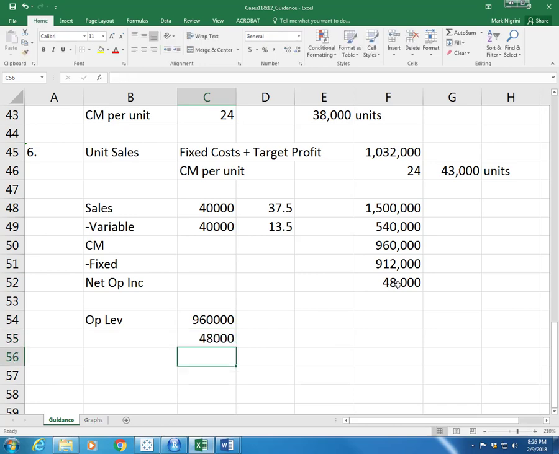And it's going to be high. Equal 20. This means if sales go up by 1%, net income is going to go up by 20%. Number C, would we be in favor?